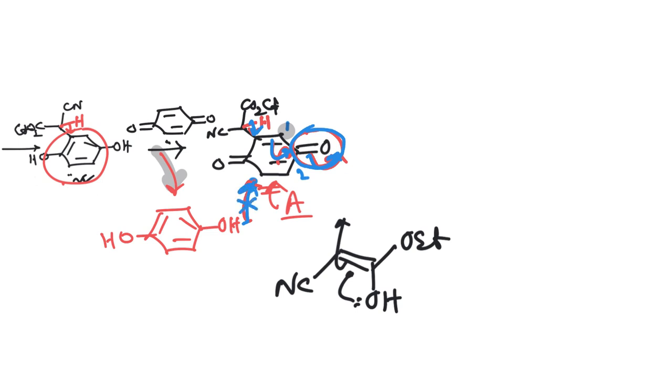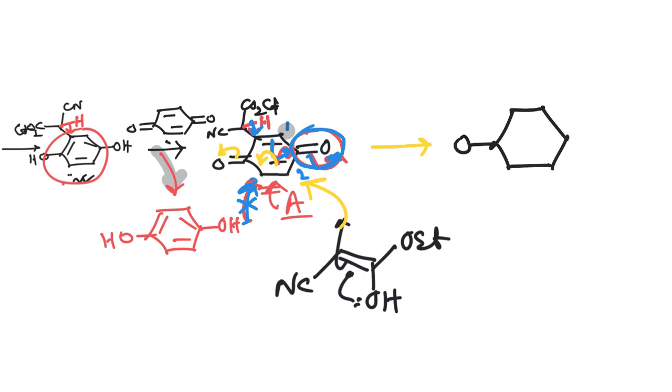Now we are left with only option 2, or position 2. If attack occurs on position 2, the negative charge will go into another carbonyl group, and this carbonyl group is electron deficient and ready to take electron.